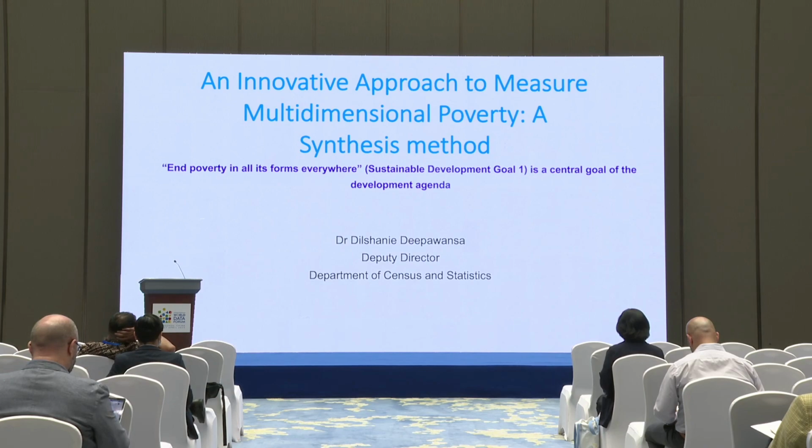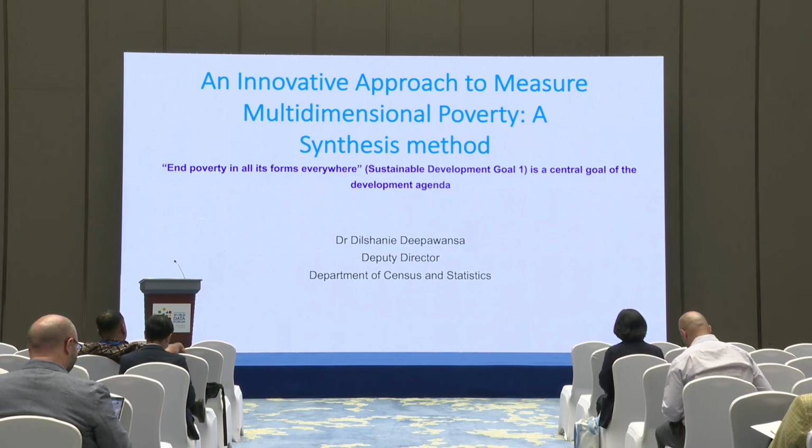The synthesis method applies the fuzzy set method to resolve the discontinuity problem that arises in identification of deprived people in each and every selected indicator. The latter is then used with the Alkire and Foster method to identify the multidimensionally poor people. The resulting process satisfies the poverty axioms of good poverty measures.